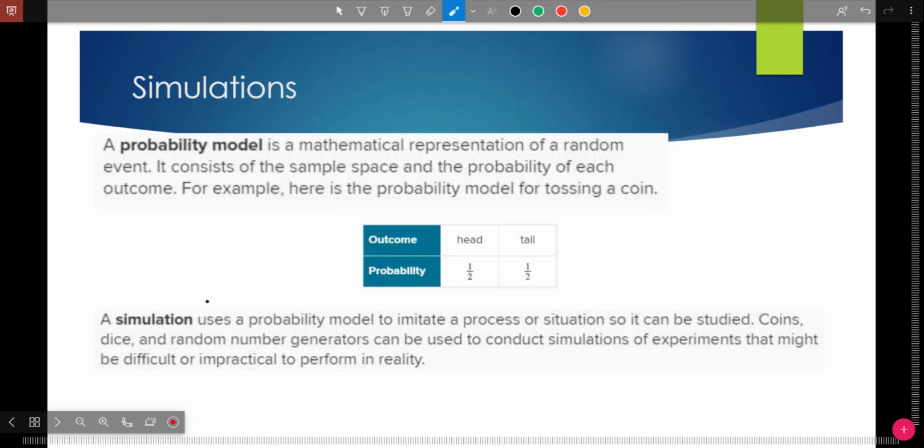So that maybe we don't have the time to actually figure out or count what really happened of a certain situation, but we know that situation has a certain number of outcomes. We can then use a probability model to see what could potentially happen with different scenarios.